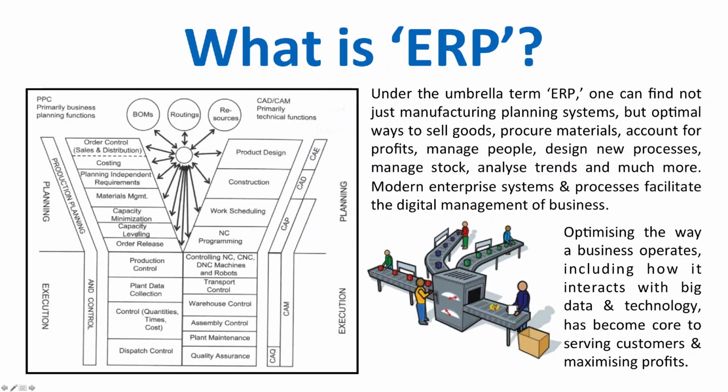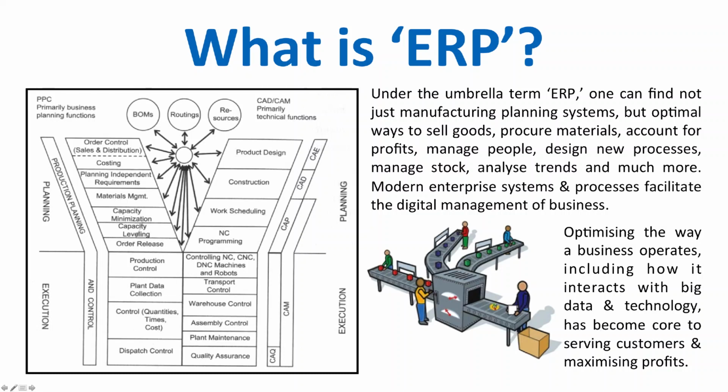On the other side, we have those things that we need to keep track of. In production planning, we have order control, and you'll be doing some case studies on sales and distribution, SD. There's also costing, which comes into what's called CO. Planning independent requirements is in the production planning area. Materials management, that's procurement.